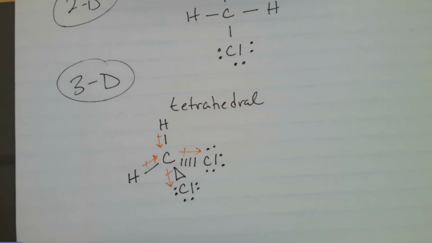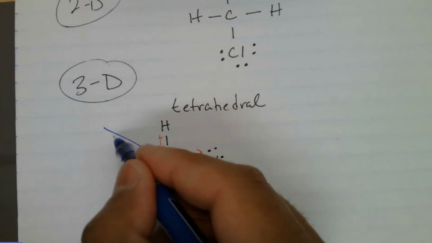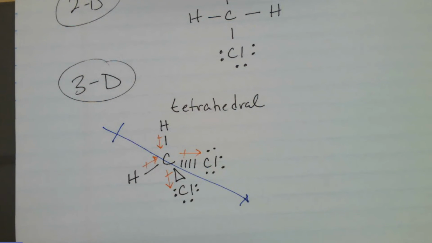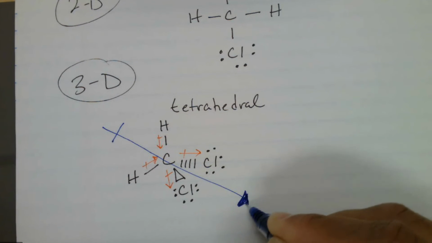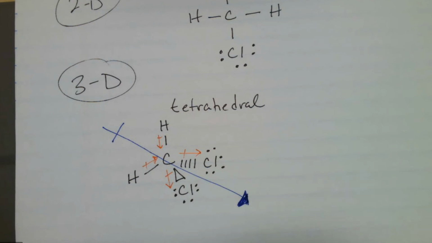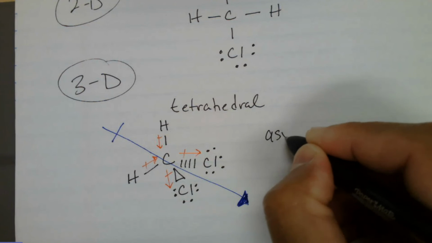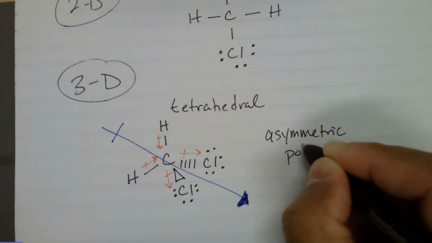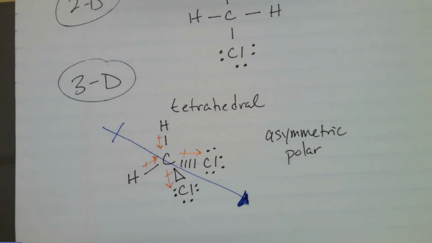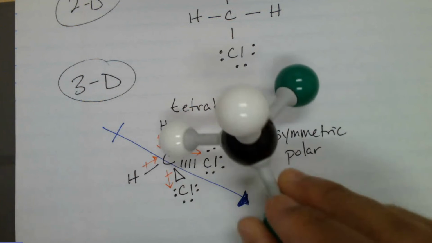And so you can almost draw a dipole kind of going like this. So this is asymmetric. There's a big arrow there. So this is asymmetric and polar.